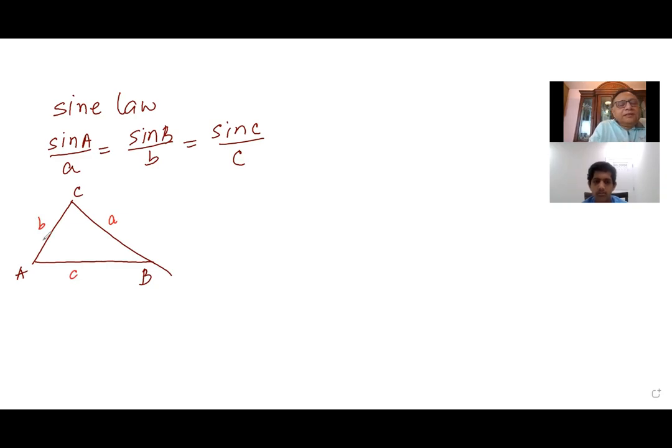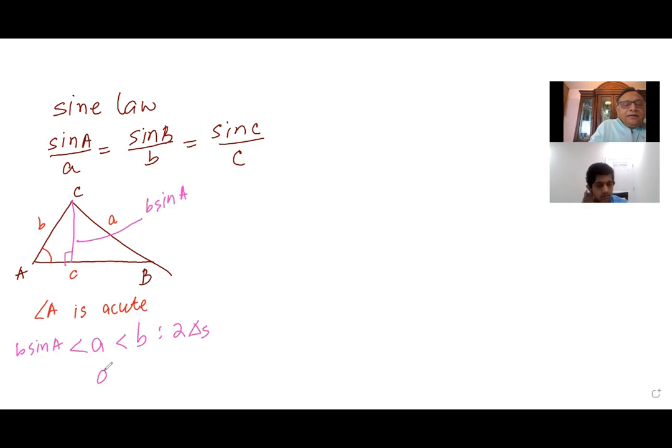Now, in this particular case, if angle A is acute, what we try to figure out is how side a is related to the altitude. As you know, this altitude is b sine A. So, if a is less than b but greater than b sine A, then we have two triangles.